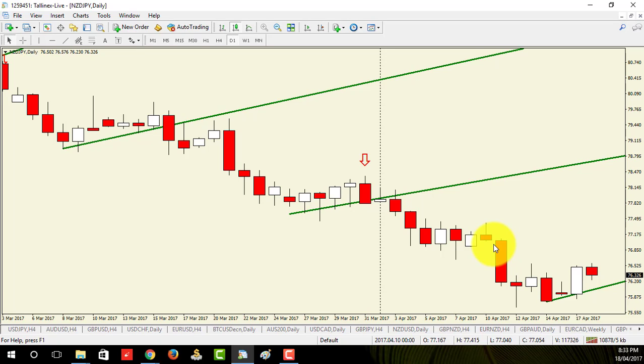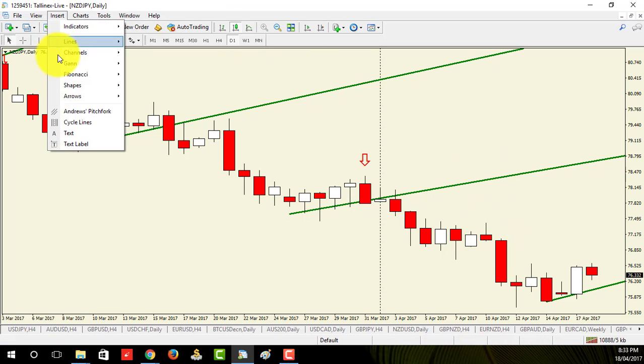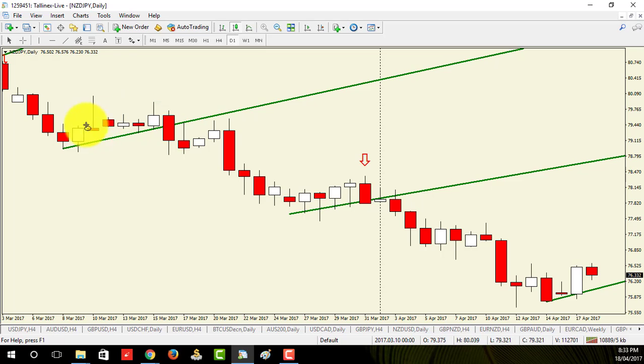Making sense? Yeah. So this is different to the swing trading. It's more of a trend continuation pattern. And again, you always are looking for the end of the consolidation.